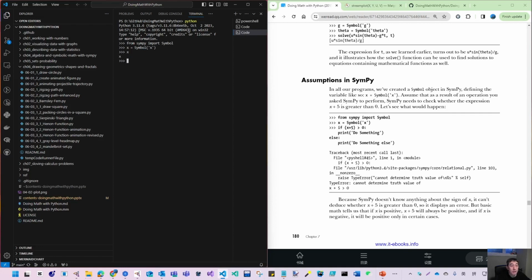Then you can type x is our symbol. So if x plus 5 is more than 0, we want to print do something, and else we want to print do maybe nothing.